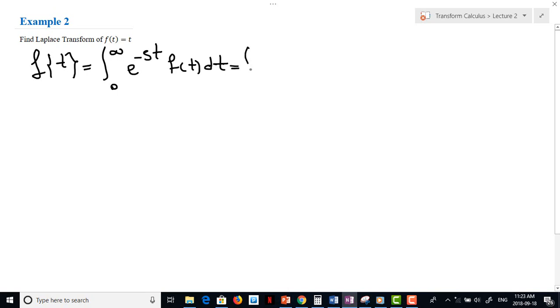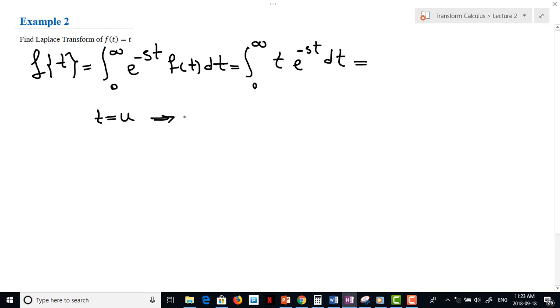If I plug f(t) into the equation, f(t) is equal to t. As a result, we have the integral from 0 to infinity of t e to the power of minus st dt. In order to solve this integral, we have to use integration by parts. In this case, I assume that t is equal to u.